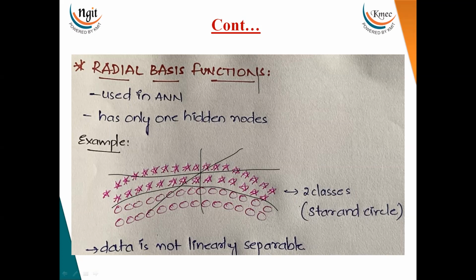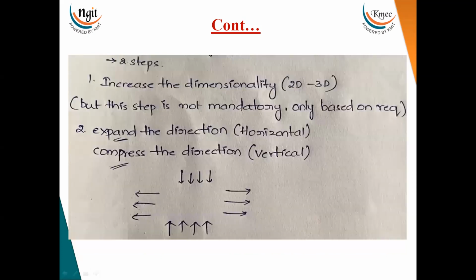So whenever my data is not linearly separable, I have to apply a non-linear radial function. So what are the different ways of applying the non-linear function? I can increase the dimensionality of my data.